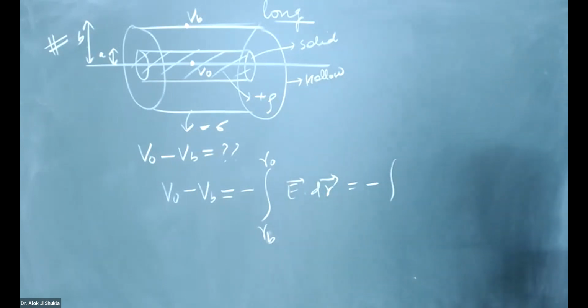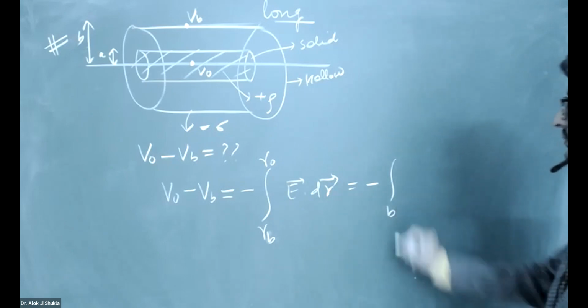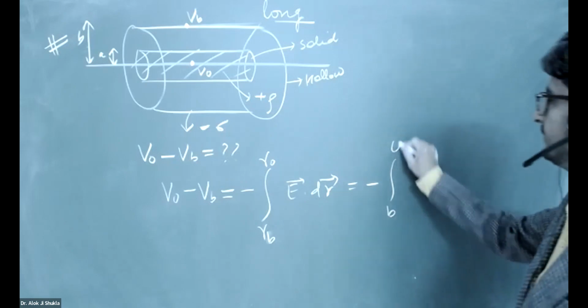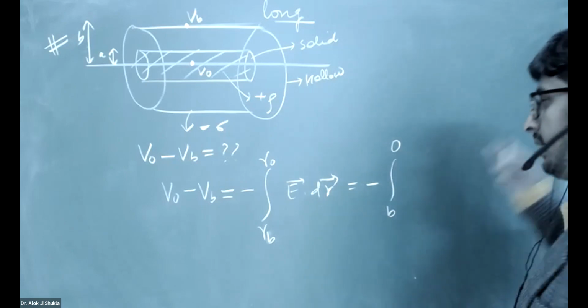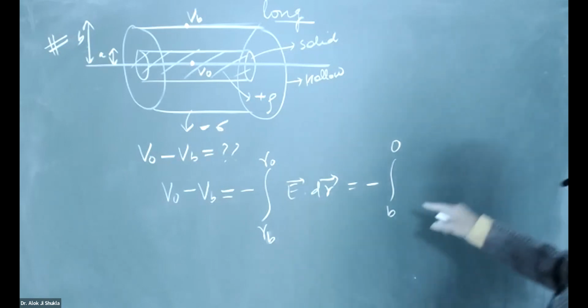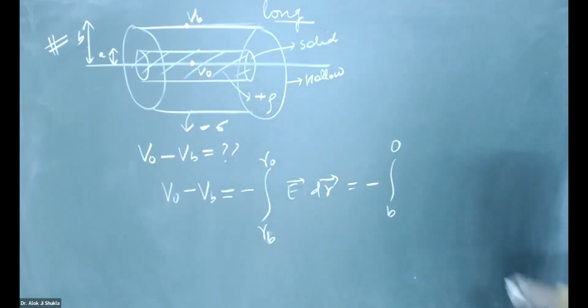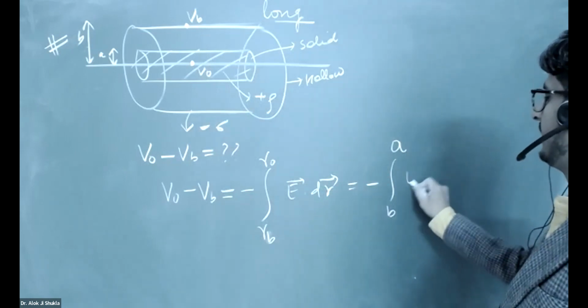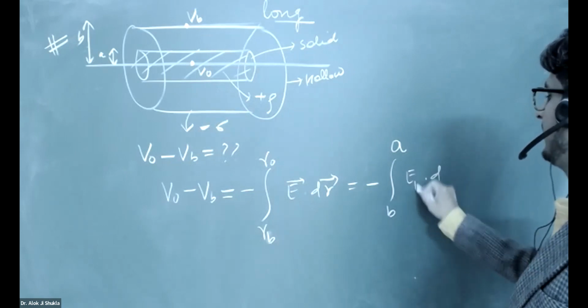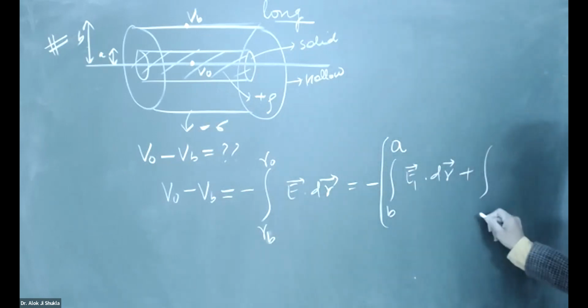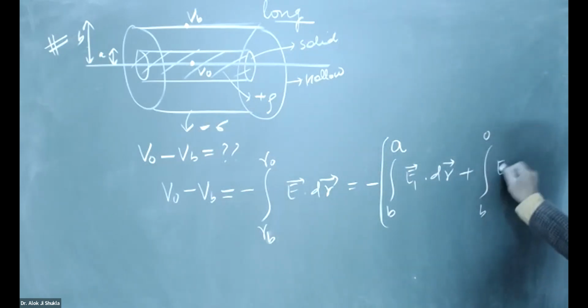आर बी कितना है? b, this is b ना, and RO is 0, and so from B to 0, you will have actually B to A having a different field, say E1, and then A to 0 will have different field, that is E2.